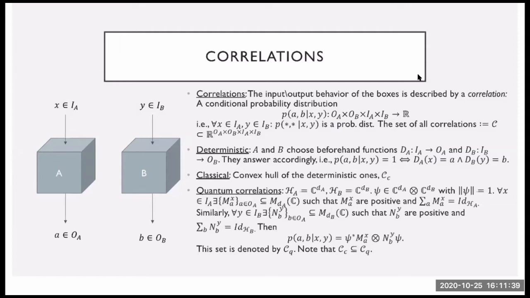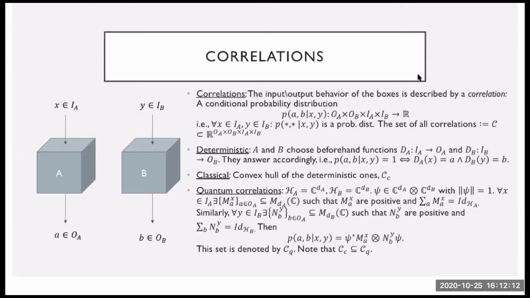Now for any question, box A chooses an experiment, and we defined an experiment using positive matrices that sum up to the identity. So these MAX are positive matrices that sum up to the identity, and box A has an experiment for any question, and also box B for any question has an experiment.